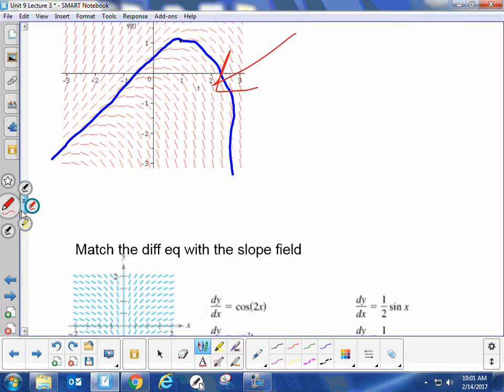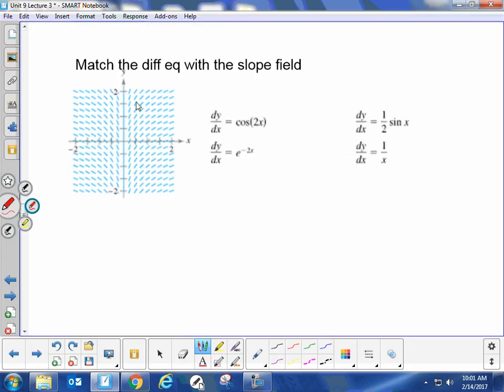What else do you have to do? Well, you will be given a slope field, and you will be asked, which differential equation creates this slope field? Now, what do I do for these problems? I look at specific ones that I know.